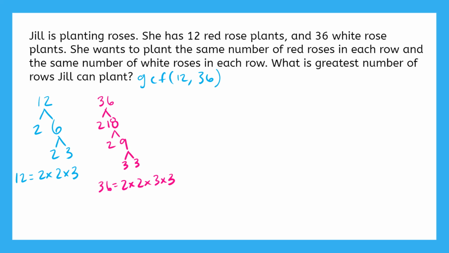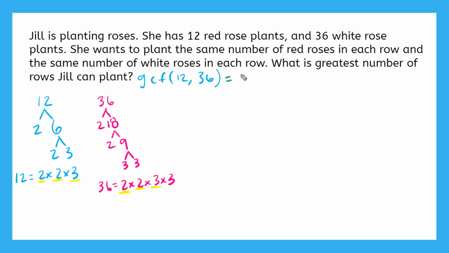Okay, that's awesome. And we know our next step is find those matching factors. So here I have a 2 and a 2, another 2 here and here, a 3 here and a 3 here. And that's it. So those are our matching ones. So what do we do with our matching factors? That's right, we find the product of it.